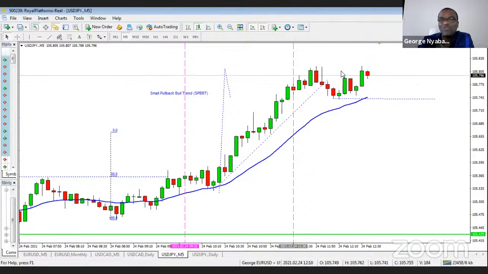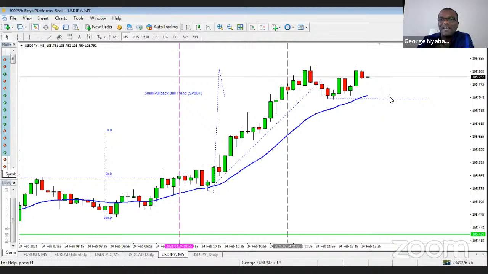If the bears are strong, and if this is not just profit taking, then what we would see is strong bear pressure and a complete candle that closes beneath the moving average with a gap between its high and the moving average. We call that a moving average gap down. That would mean that the bears are strong enough to be able to put a full candle beneath the moving average. So they have strength.